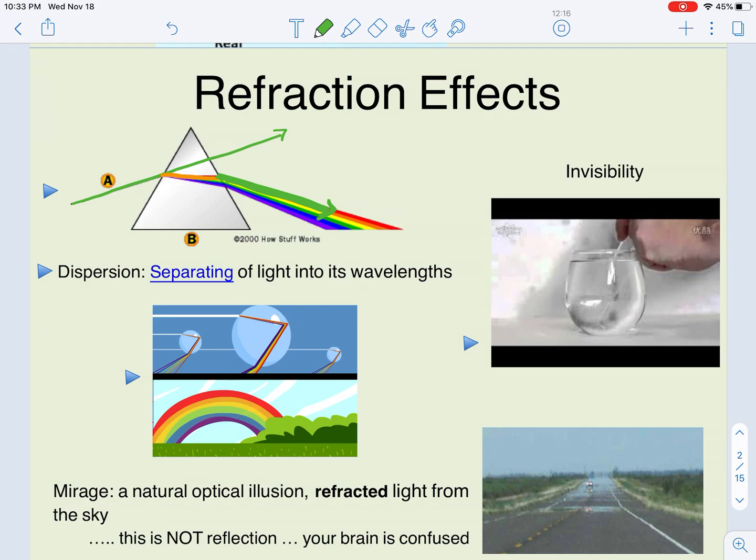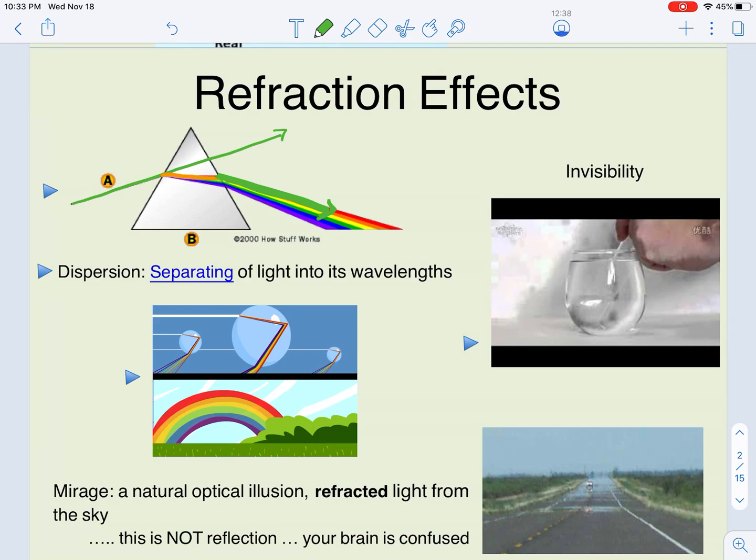of the rainbow. So when the light is refracted through the prism, it's going to change the speed that the light is traveling. And if you recall, white light is made of all the different colors of light, and each color has its own frequency and wavelength.